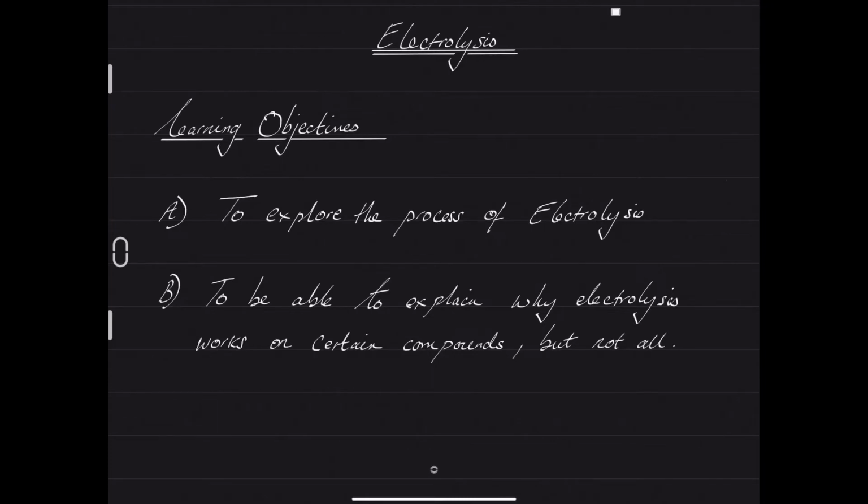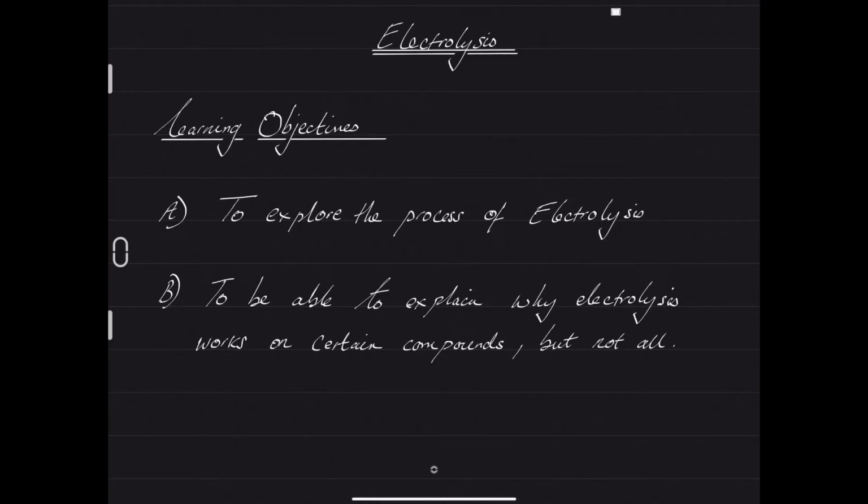You need to be able to explain this, and certain exam questions do tend to repeatedly ask about it. It comes up almost every year or every other year: why electrolysis works in this particular compound, and what needs to happen for electrolysis to occur.